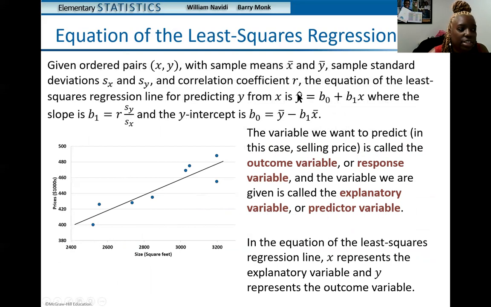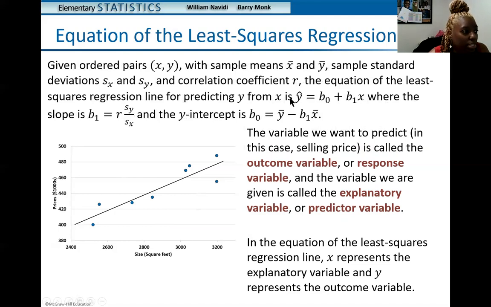It's actually y hat, with a little hat on top. Y hat equals b sub 0 plus b sub 1 x. Now this is similar to y equals mx plus b. It's written the other way, but since it's for linear regression, we have a different set of letters to indicate basically the same thing, the slope and the intercept.